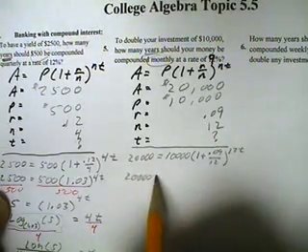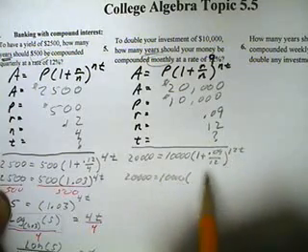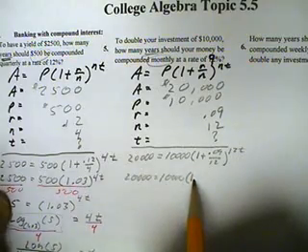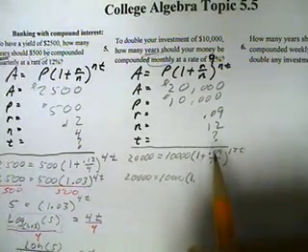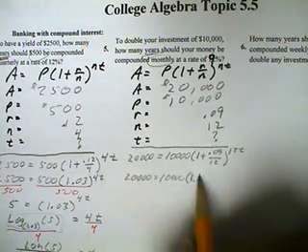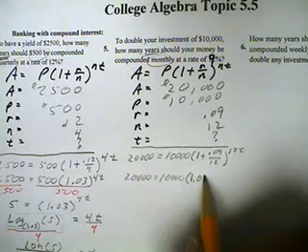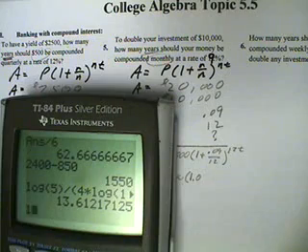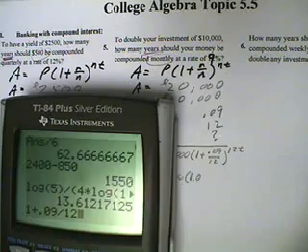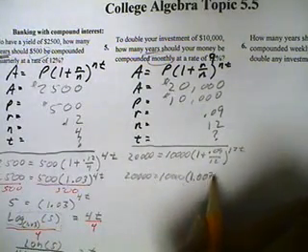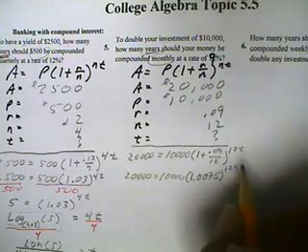Now, I'm going to simplify my base. Let's try that on the calculator. 1 plus 0.09 divided by 12 is 1.0075 to the 12t power.